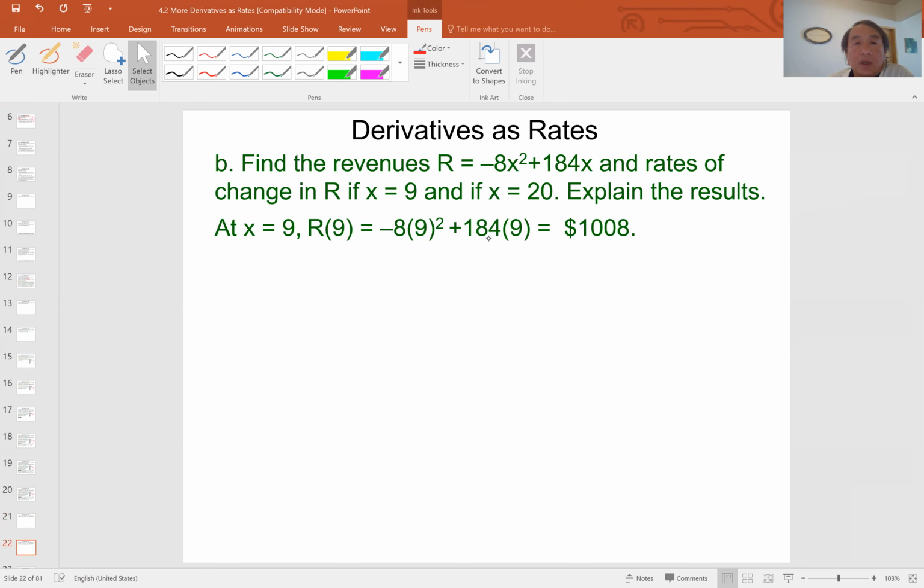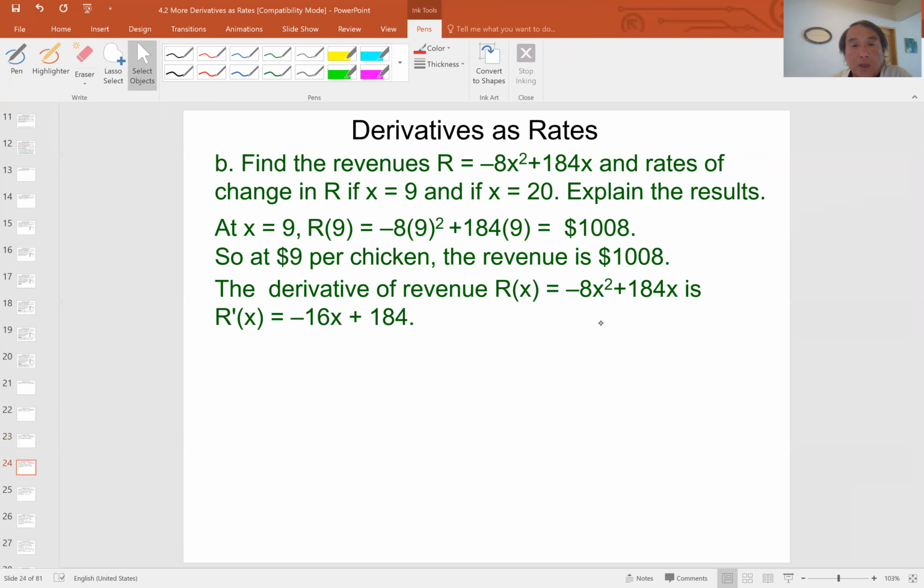Here is the revenue at $9. Suppose I sell at $9 per chicken and plug into the revenue formula. This tells me the revenue will be this much. And if I take the derivative and plug in 9, I get 40.